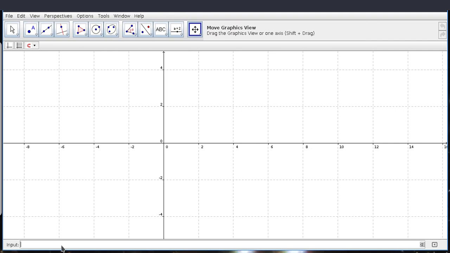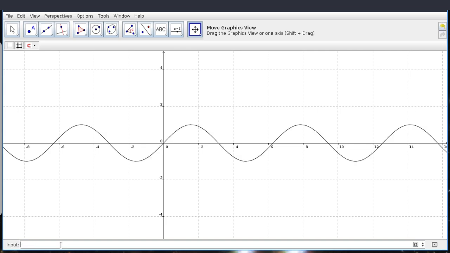All right, first of all, let's say we have this graph. We have y equals sine, open bracket, x, close bracket. That's the graph of y equals sine x.